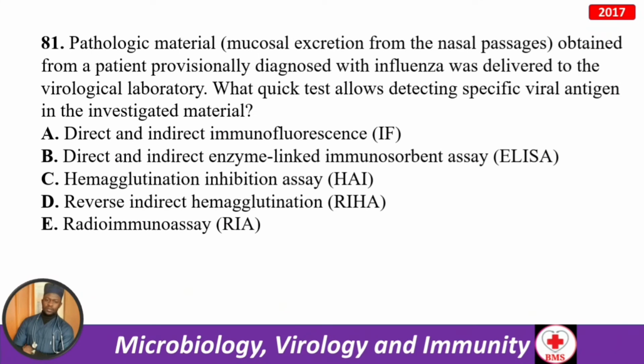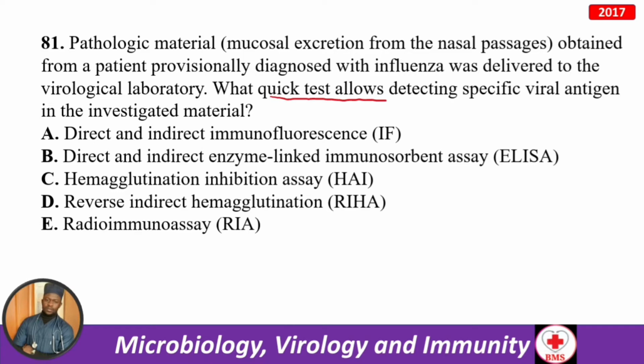Pathologic material, mucosal secretion from the nasal passages obtained from a patient provisionally diagnosed with influenza, was delivered to the virological laboratory. What quick test allows detecting specific viral antigen in the investigated material?